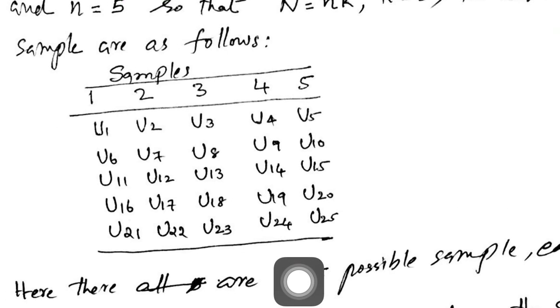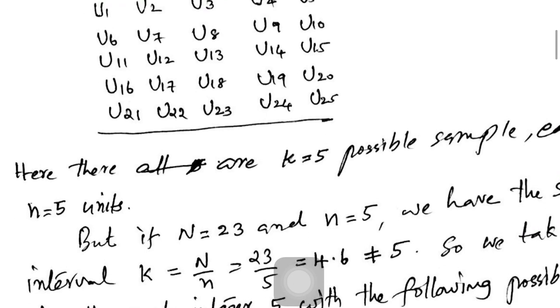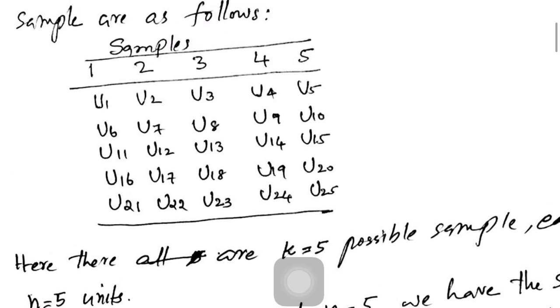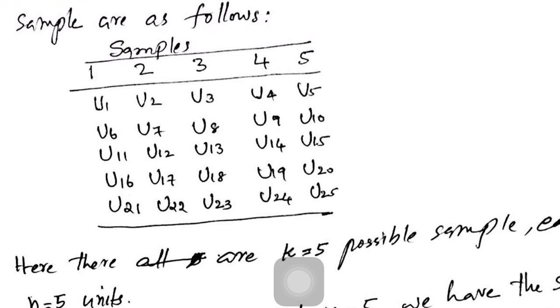What is the procedure in systematic sampling? You select one unit between 1 and 5. Suppose the random start is 3, then the third column will be your systematic sample, and you will enumerate the y values of these units.